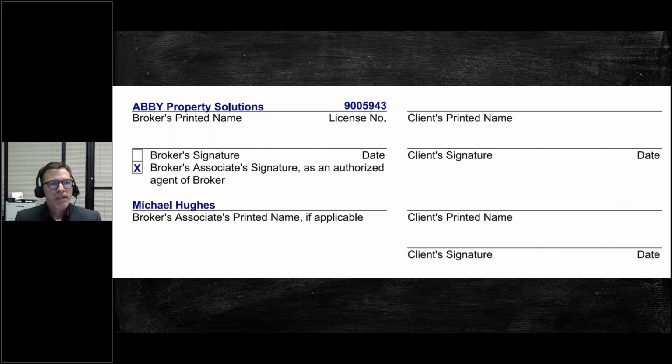Signature block. This is pretty straightforward. One thing to point out is that the name that goes on here is the name of the entity broker, the name of the brokerage. It is not the name of the individual designated broker for that entity. So Abbey Realty agents, don't put Frank's name there. You should put Abbey Realty.